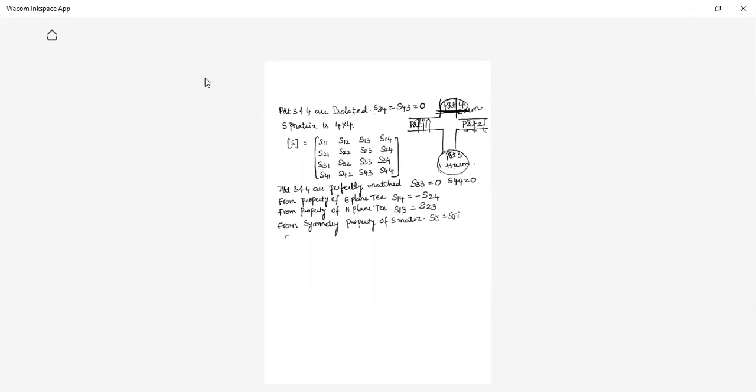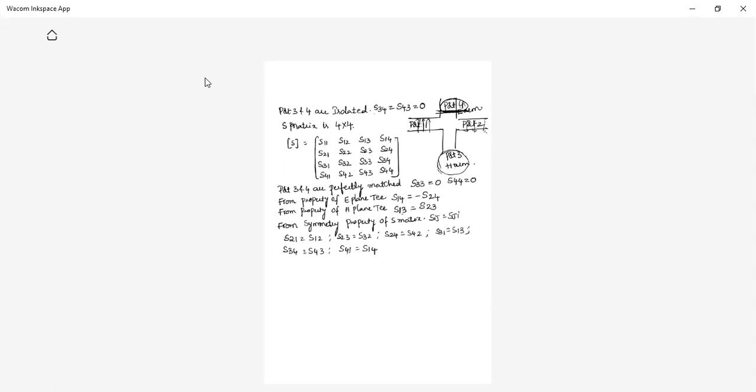So we can write S21 is equal to S12, S23 is equal to S32, S24 is equal to S42, S31 is equal to S13, S34 is equal to S43, S41 is equal to S14. Since we have 4 ports, we can write like this.